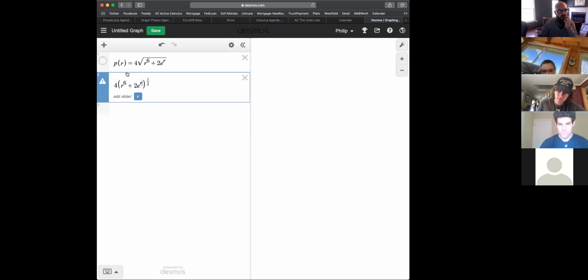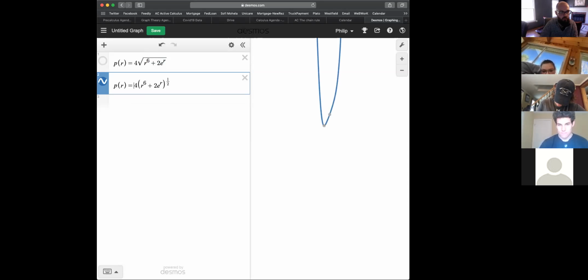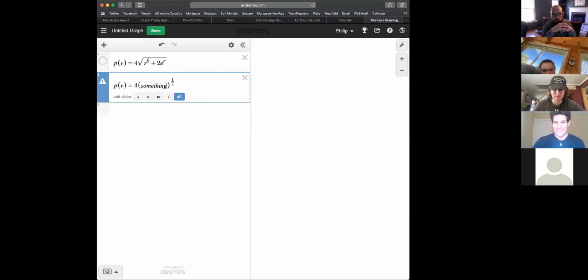So I would be viewing my function this way. When I take the derivative, what I'm thinking about is sort of covering this up. In my mind, this is what I'm visualizing: I have 4 times something, and we don't know what goes in here. It's 4 times something to the 1/2 power.